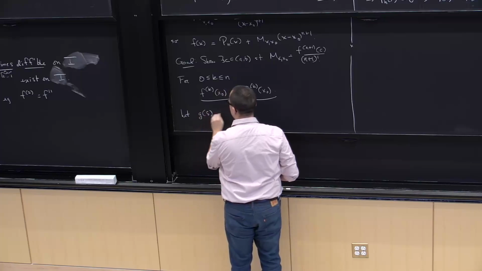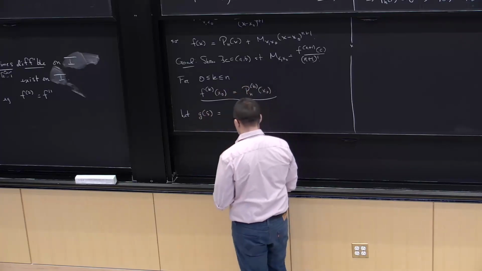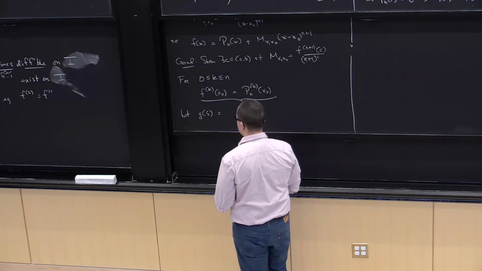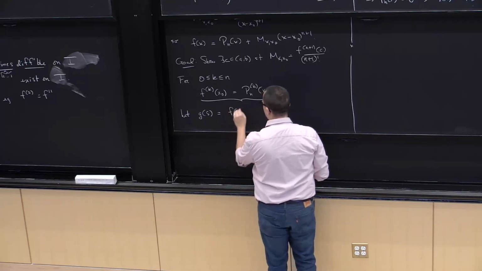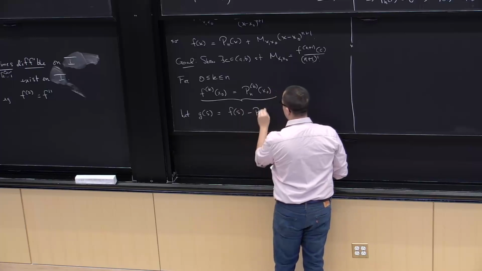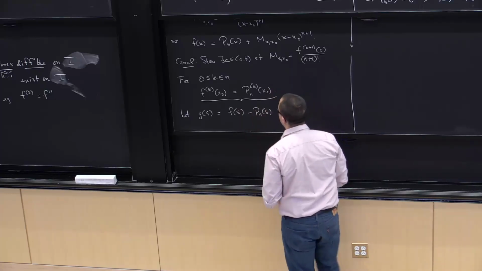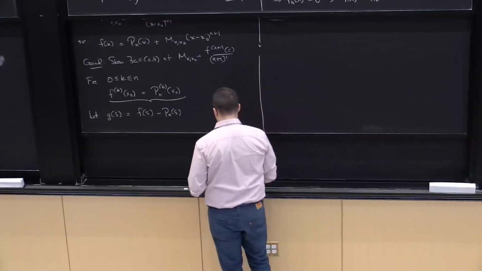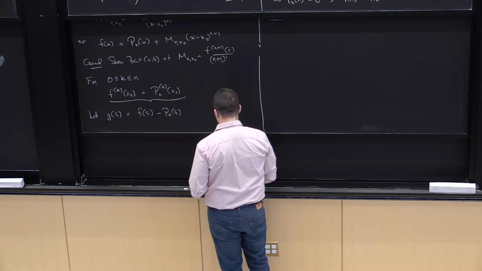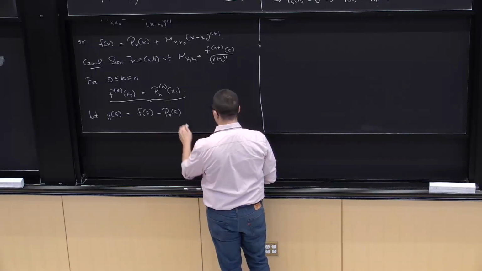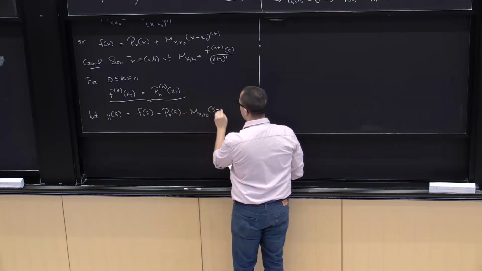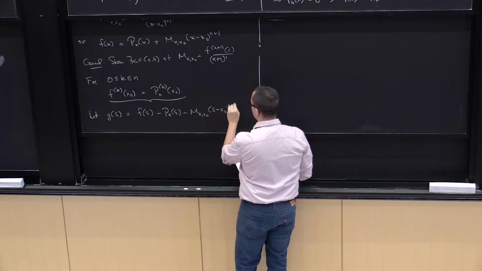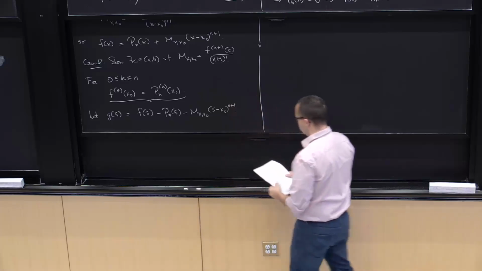So now I'm going to define a new function, which I'm going to start applying the mean value theorem to, and hopefully come up with this c. It's g of s equals f of s minus p sub n of s minus this number from earlier times s minus x0 to the n plus 1. Okay?